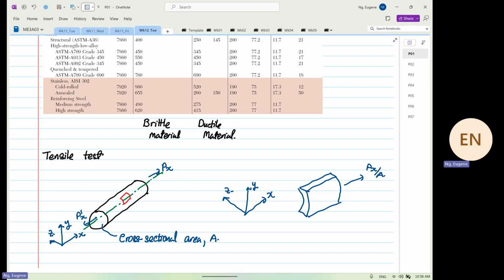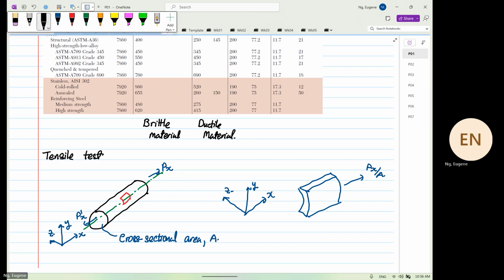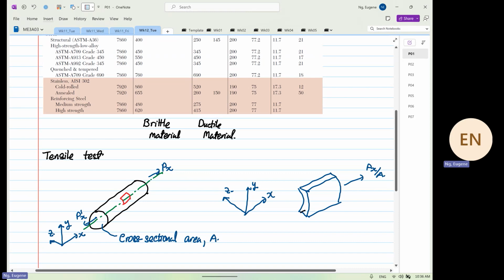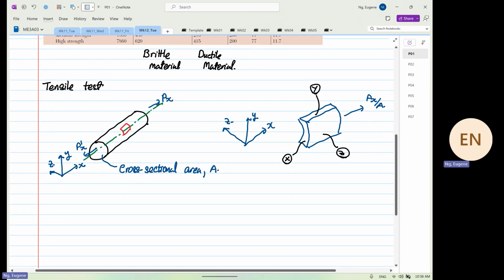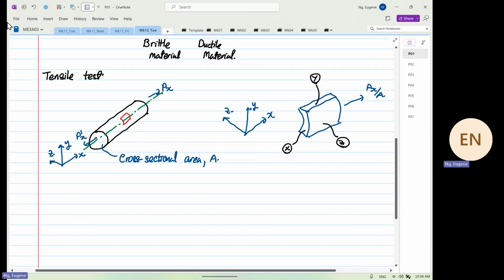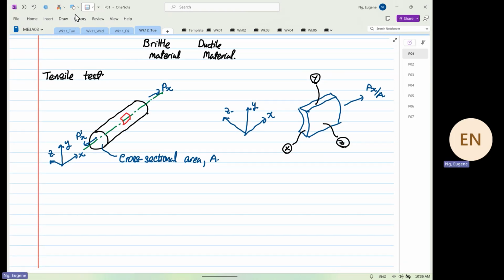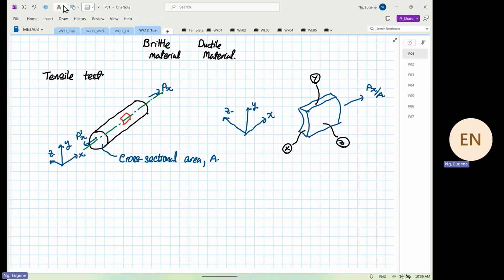So now we're going to construct the 3D Mohr's circle. We're going to label this as our point X. This surface over here, our point Y. This surface over here is our point Z. So when we construct the 3D Mohr's circle, how does it look? Okay, so I'm going to go into the 3D Mohr's circle.